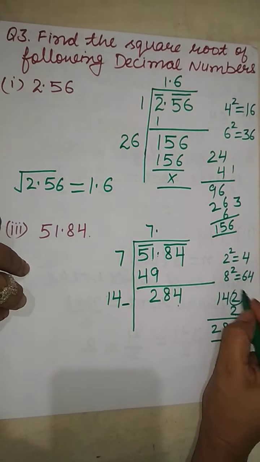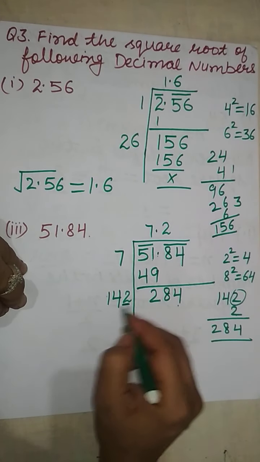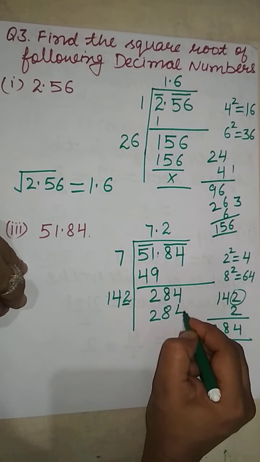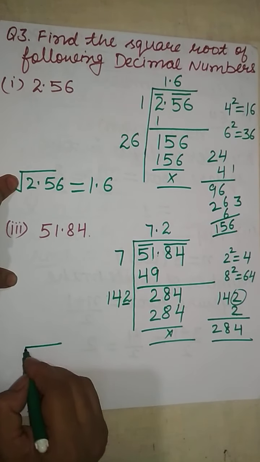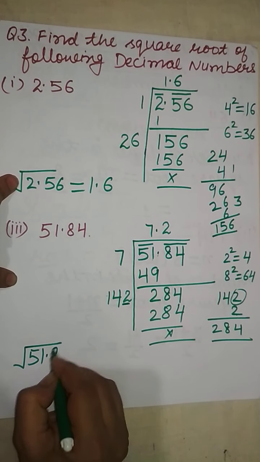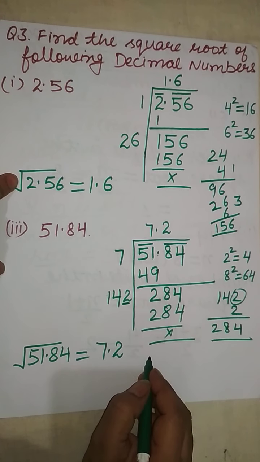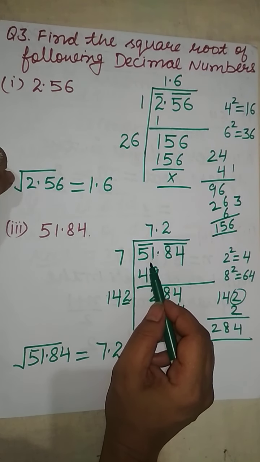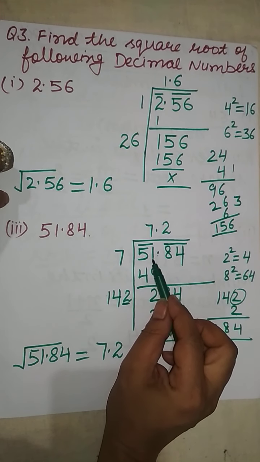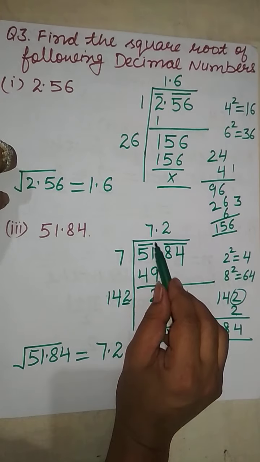It means our right answer is 2. So I'll put 2 here. This is 284 and the remainder is 0. So the square root of 51.84 is equal to 7.2. In this way we can solve the square roots of decimal numbers by simply putting the decimal after the given number of digits.